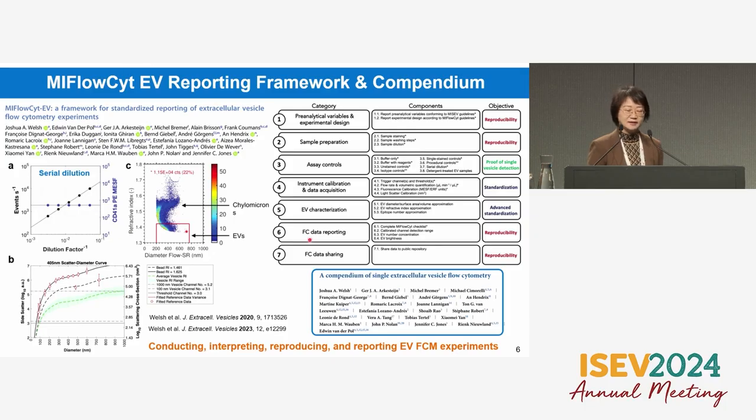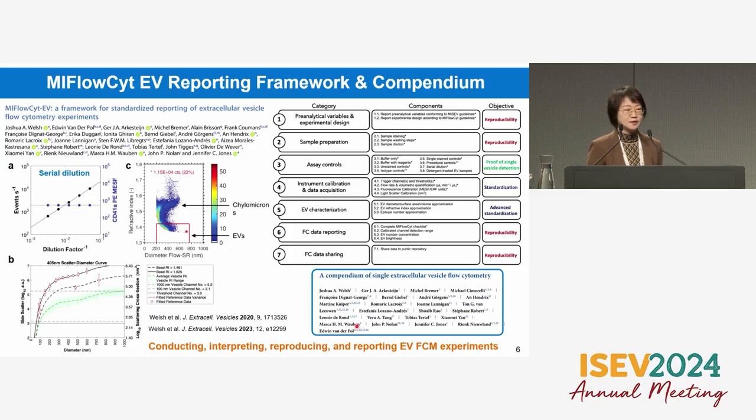I'm very glad that there are two articles authored by the EV FCM working group, published in JEV, which provide background information and detailed guidelines for conducting, interpreting, reproducing, and also reporting EV FCM experiments.